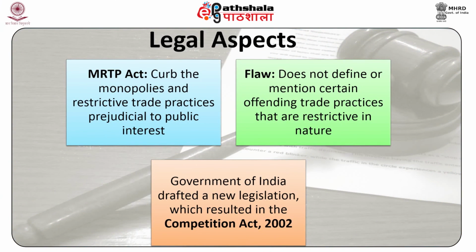To address these issues, the Government of India drafted a new legislation which resulted in the Competition Act 2002. At present, however, the MRTP Act and Competition Act coexist, despite the limitations in the former, as the MRTP Act has not yet been repealed.